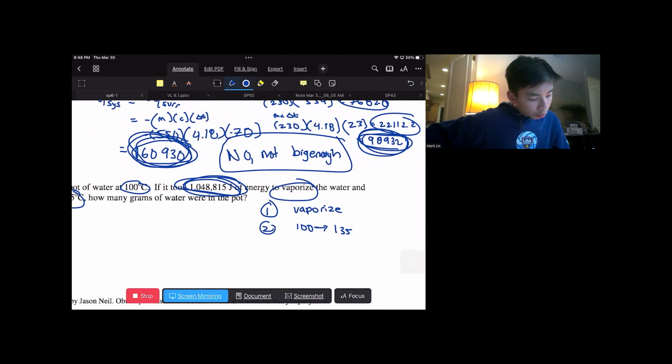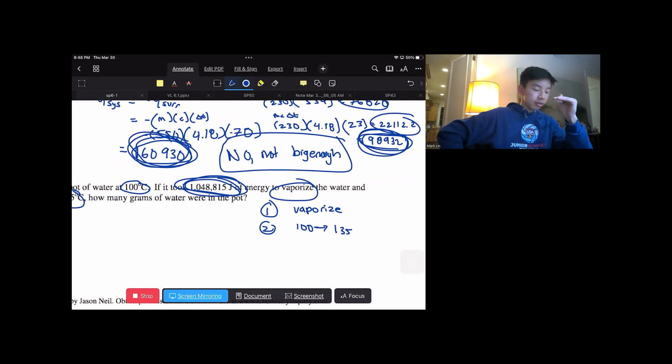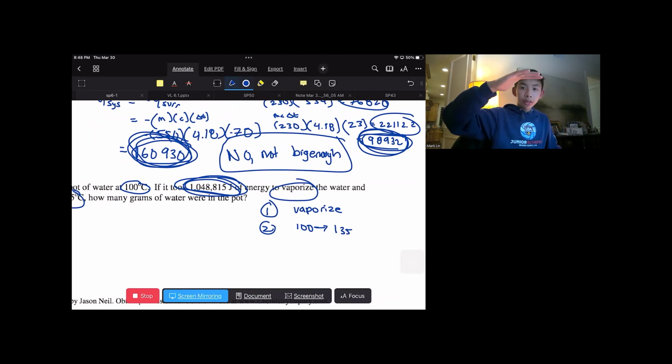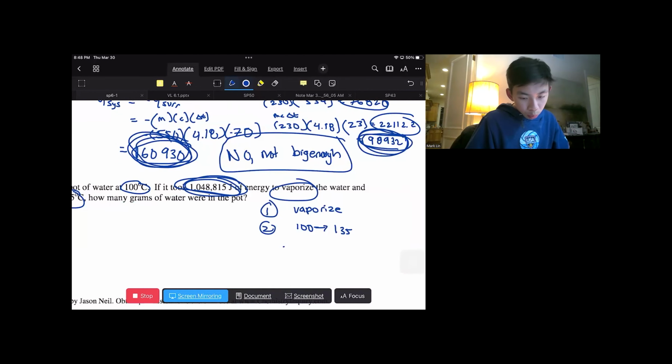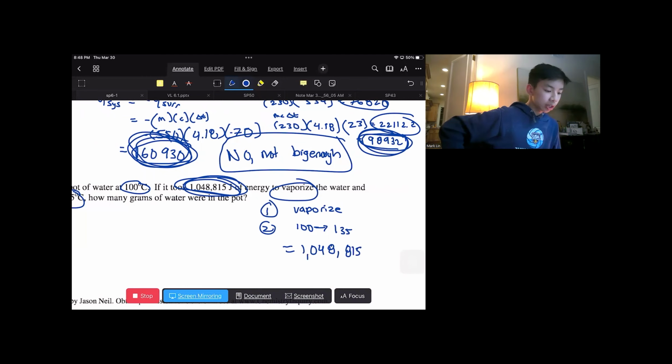We know vaporizing and raising the temperature, those two things are going to equal 1,048,815. We know it's going to take that much energy.